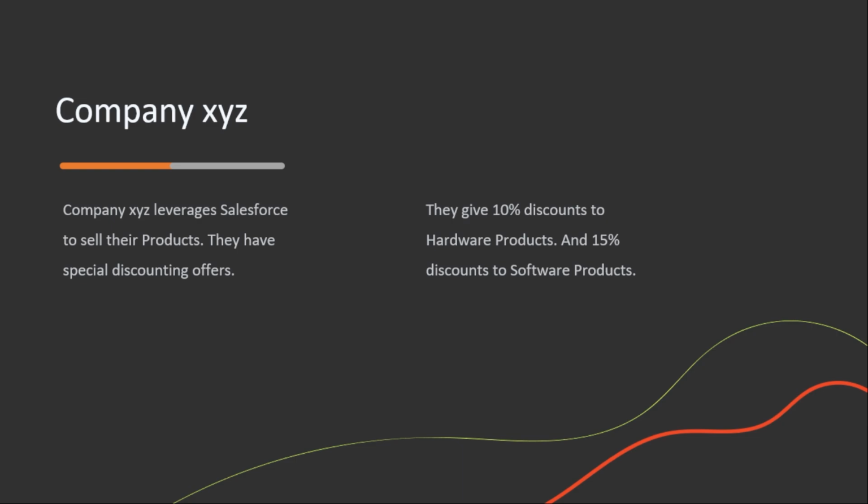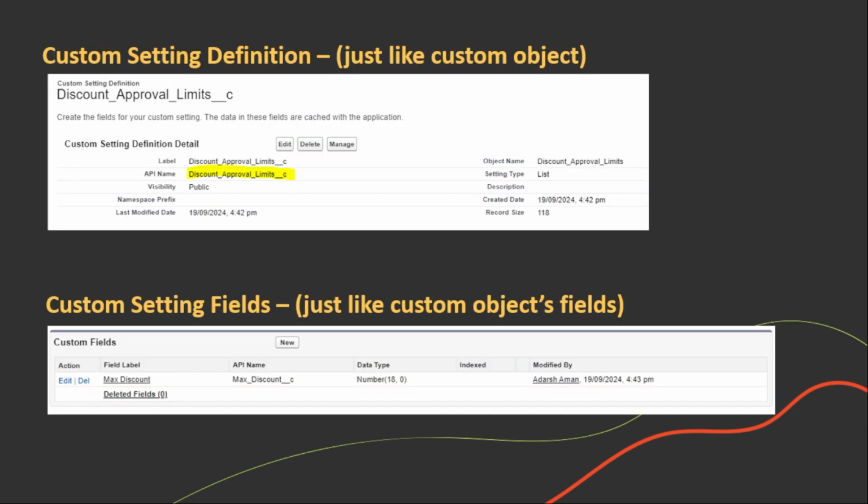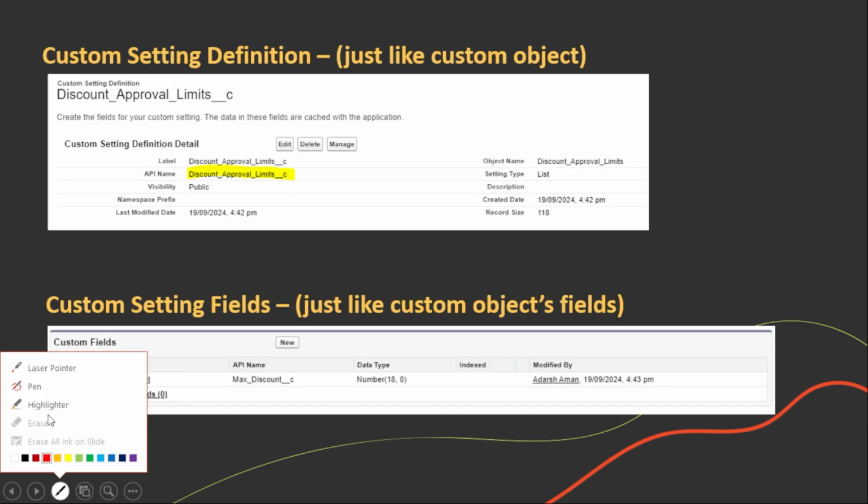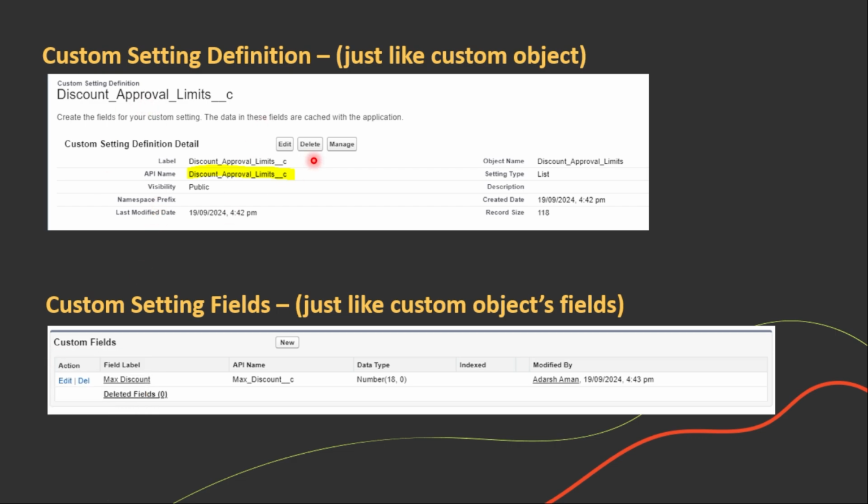As I already mentioned, don't worry, we are going to make all of these in Salesforce as well. But just to give you a high-level overview of what it looks like, so that it will be more clear when we start making it in Salesforce, right? As I mentioned, custom settings are like custom objects.